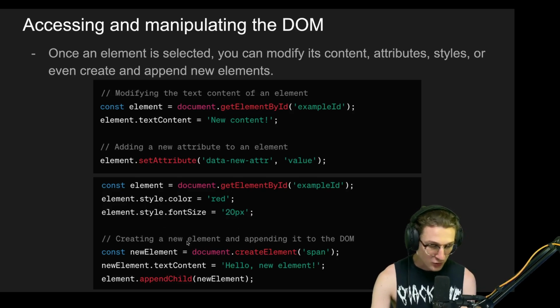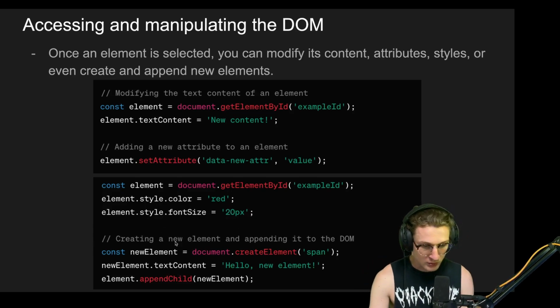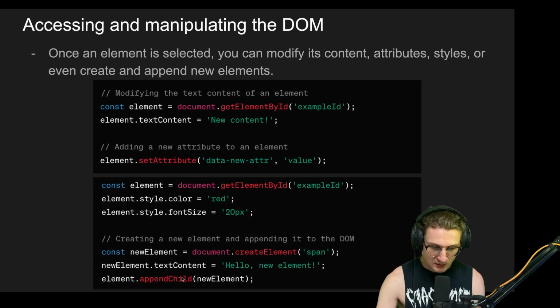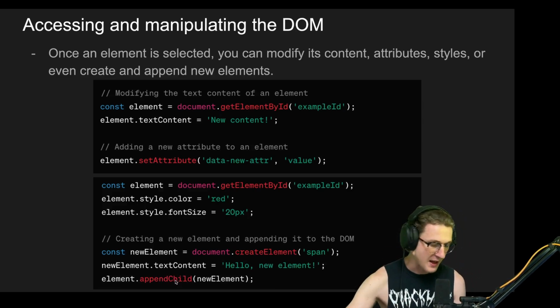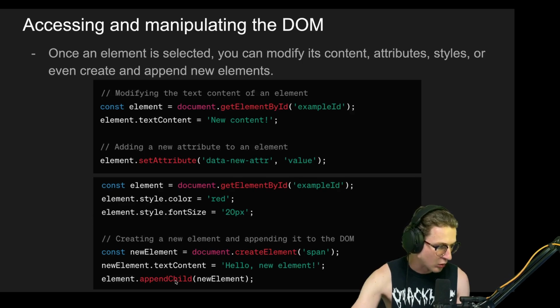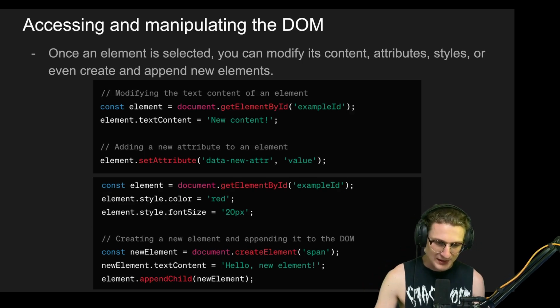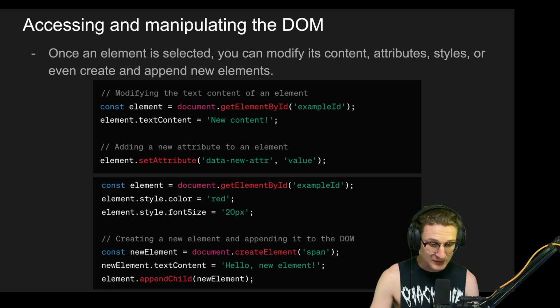And here we can actually create a new element, which is something really cool. So we say const newElement equals document.createElement, creating a span, then putting text into that span. And then we use appendChild to actually append this onto that document object model. So I know this looks really confusing, maybe just looking at it, but it's better once you have an idea of something in mind.